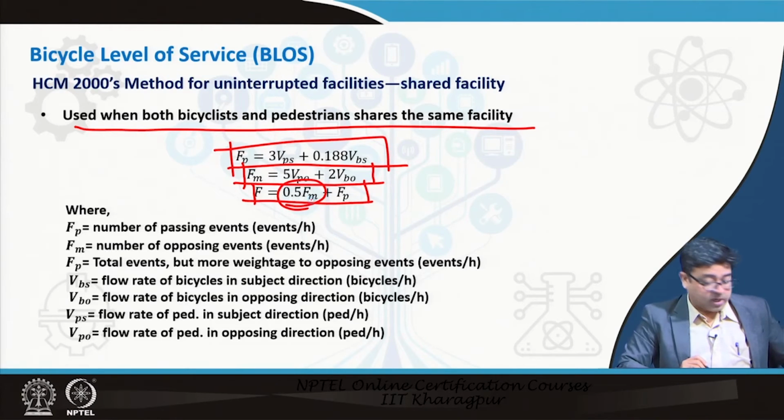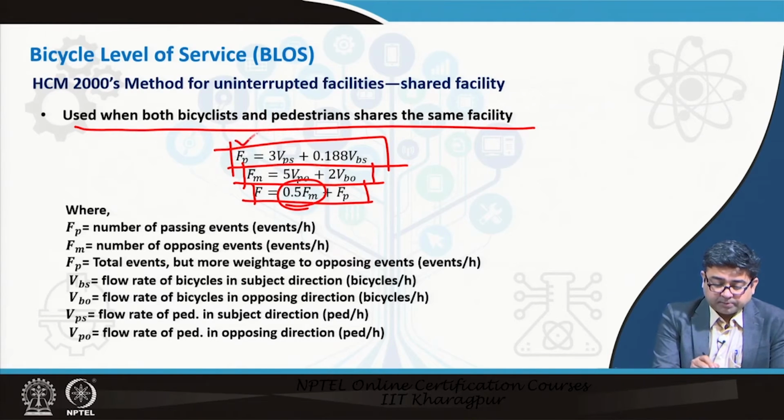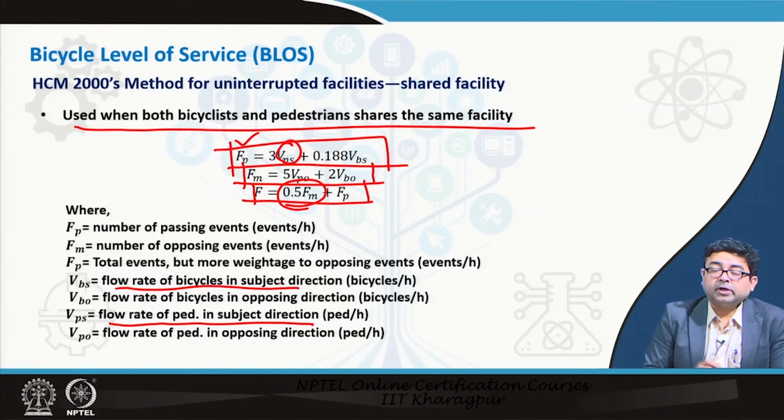For the passing events, you now have something called VPS as well. VPS is the flow rate of pedestrians in the subject direction. We have already told you how to calculate the flow rate of bicycles, and you have to calculate the flow rate of pedestrians in a similar manner.